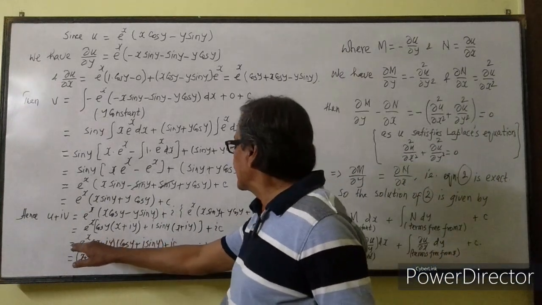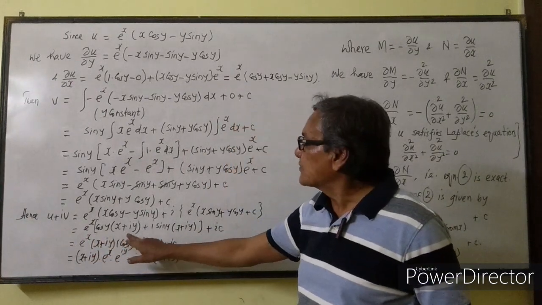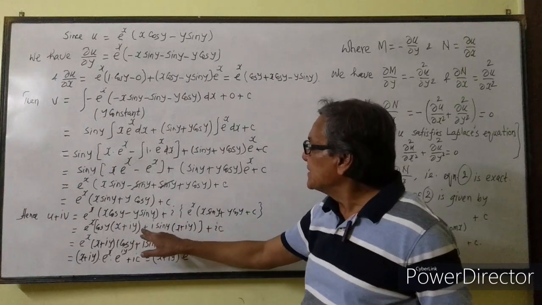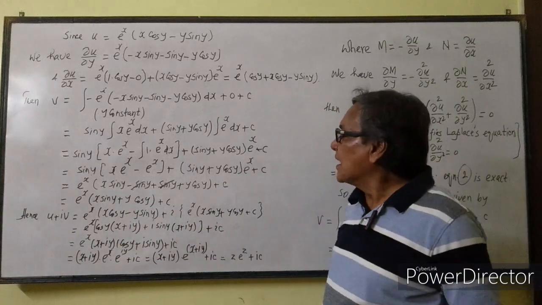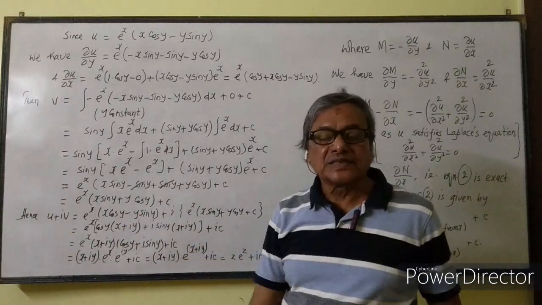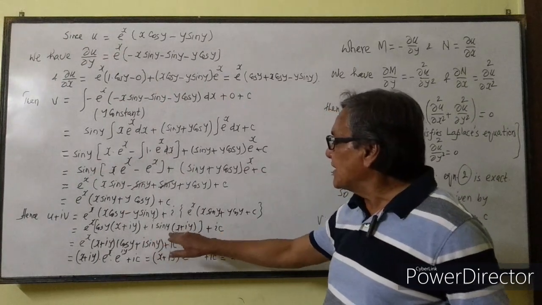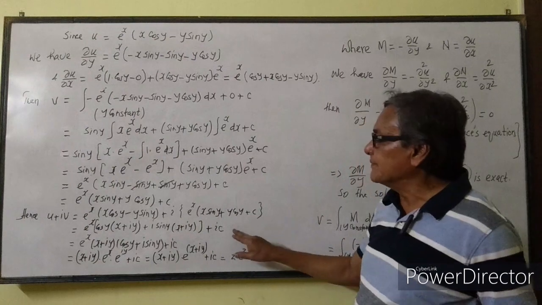So finally we integrate e to the power x times cos y times x plus iy, and this is split. We write minus y as i squared y in place of minus y. So finally we get plus i sin y times x plus iy, and plus ic.